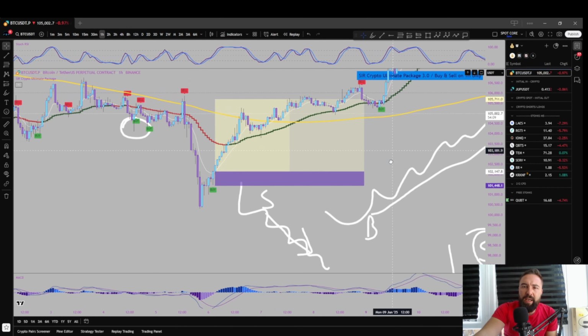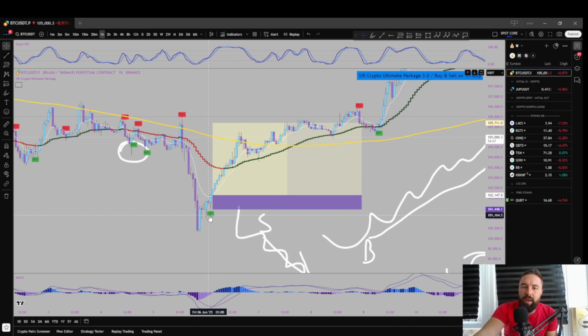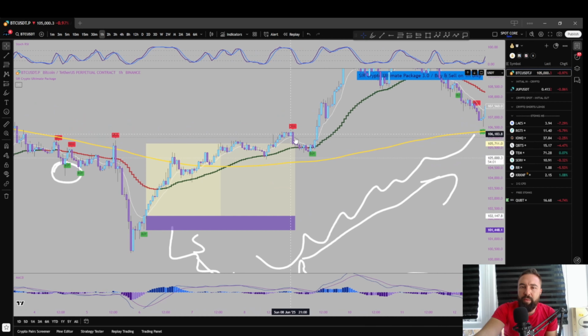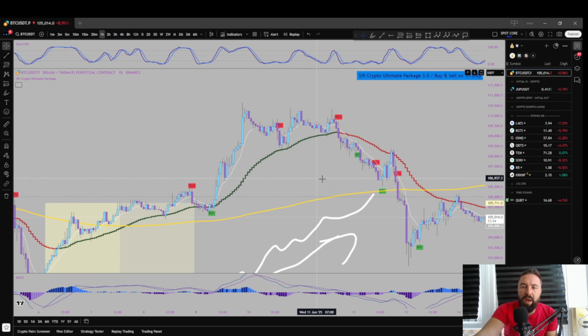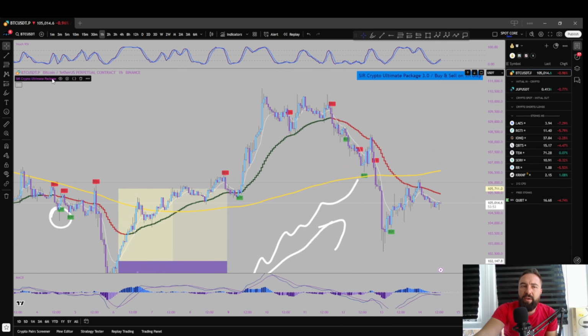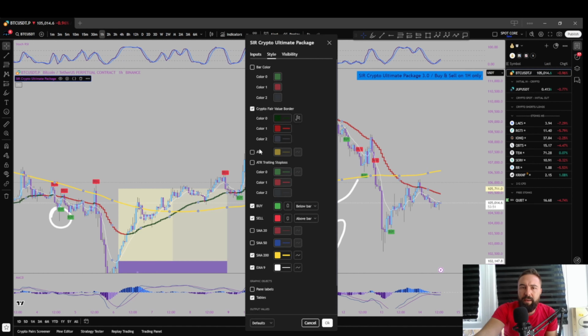so whenever you are above this line, that's where you want to long. Whenever you break below this, that's when you want to short. So you can use that line also with the buy and sell signals. But to be honest with you, I think the new update, the one I just did, switch that one on.